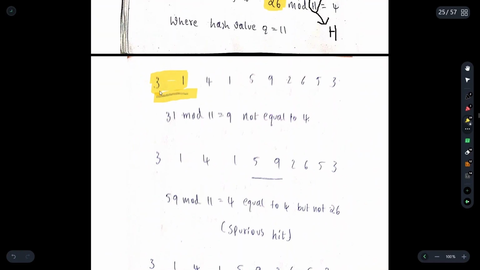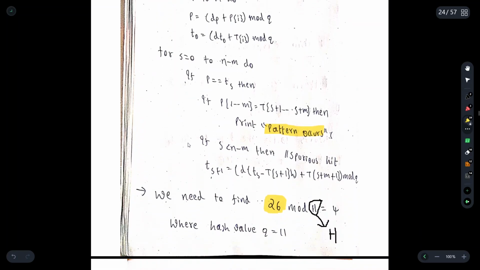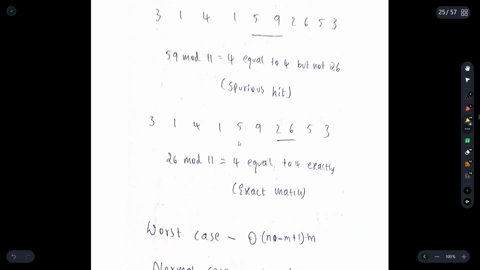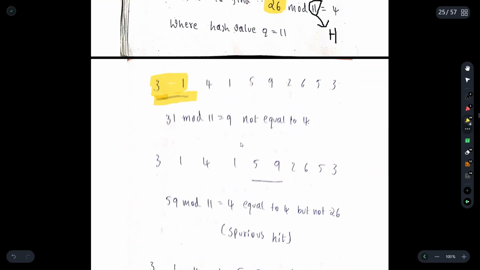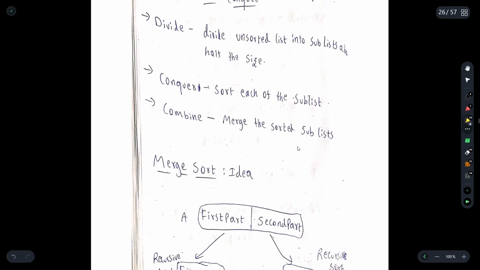So 31 mod 11 is p, whereas t naught is the remainder which we need to find. So in this way we conclude this algorithm, and I think this made some sense. After finding a spurious hit, we continue with this hash function, and then divide and conquer.